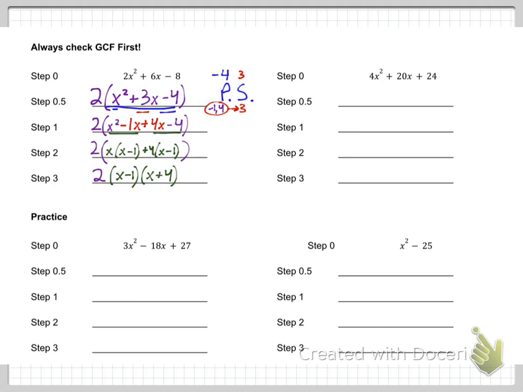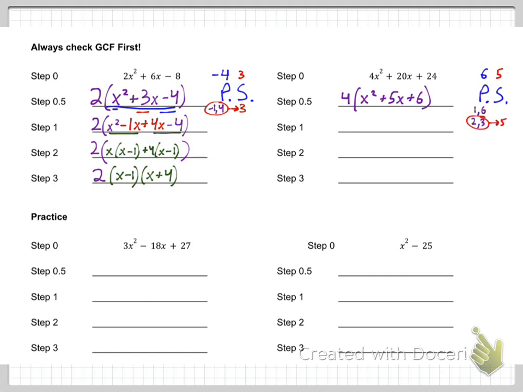On the right here, this is a good case if you want to try this without finding the GCF and see how painful it is. Knock yourself out. I see that a 4 goes into all 3 of those terms, so I'm going to pull a 4 out. Product will be 6, and the sum will be 5. So 2 and 3.